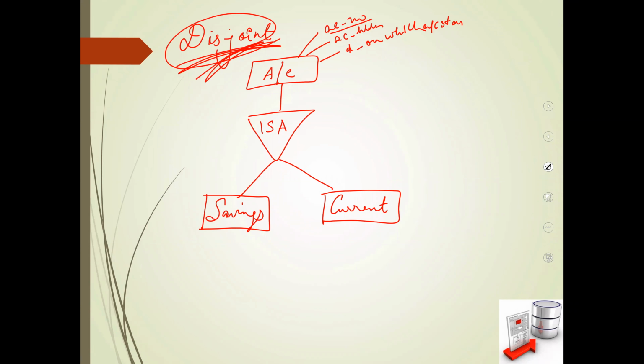In other terms, an account can either be a savings account or a current account. It cannot be both together. A higher level entity cannot be the lower level entities together at the same point of time. Let's think of another entity. Let's say parent.